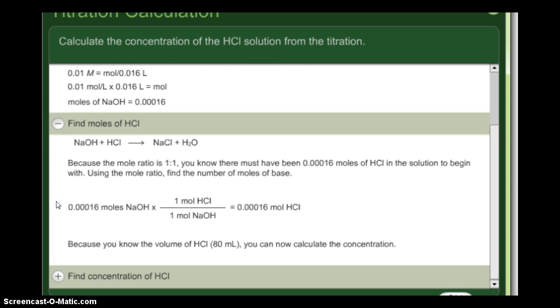Then find moles of hydrochloric acid. Here's your chemical equation. Because the coefficients are both 1 in the balanced equation, you know you have a mole ratio of 1-to-1. You know there must have been 0.00016 moles of hydrochloric acid, because that's how many moles of sodium hydroxide we had, in the solution to begin with.